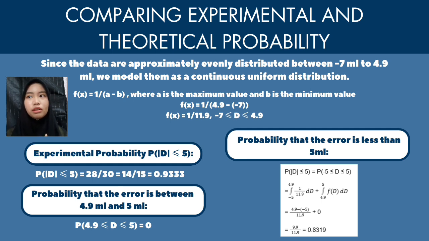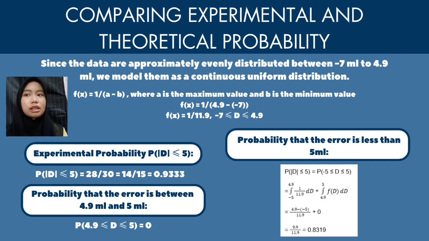We use the formula f(x) equals 1 over (b minus a), where b is the maximum value and a is the minimum value. So we just insert the maximum and minimum values into the formula, and we get 1 over 11.9 for negative 7 to 4.9.